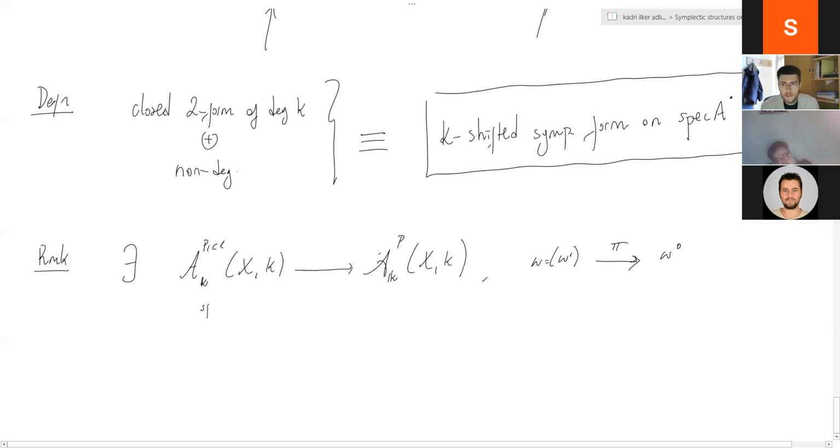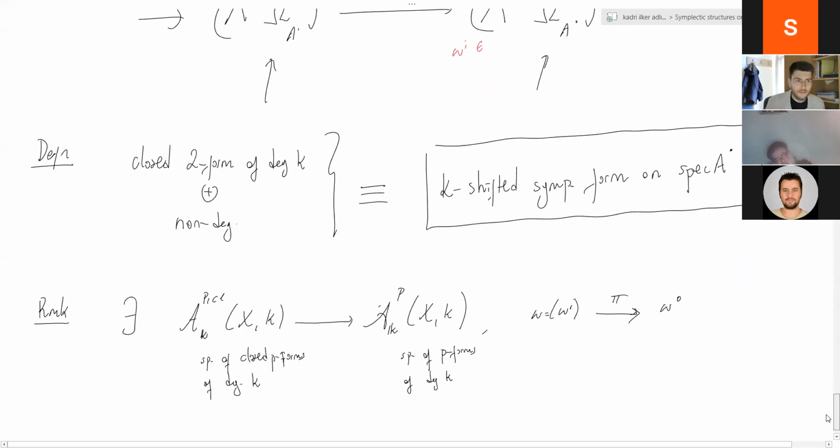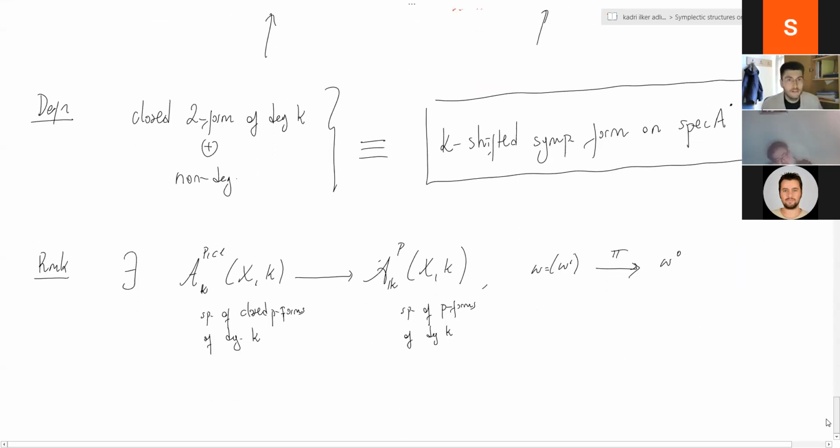Okay, this is the space of closed P forms of degree K. This is the space of P forms. So therefore, it's a systematic formulation or generalization of the usual differential geometric notions to this algebraic or derived setup.